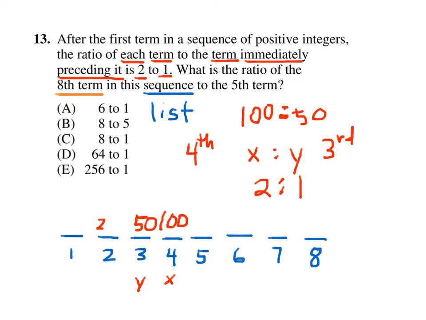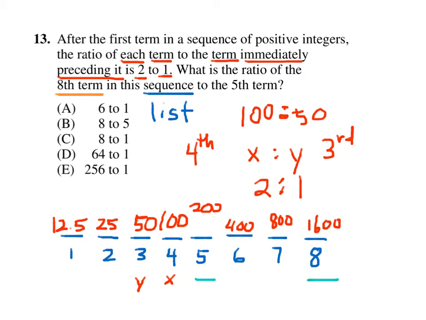Let's fill in the rest of the list. 25, 12.5, 200, 400, 800, 1600. What is the ratio of the 8th term to the 5th term?